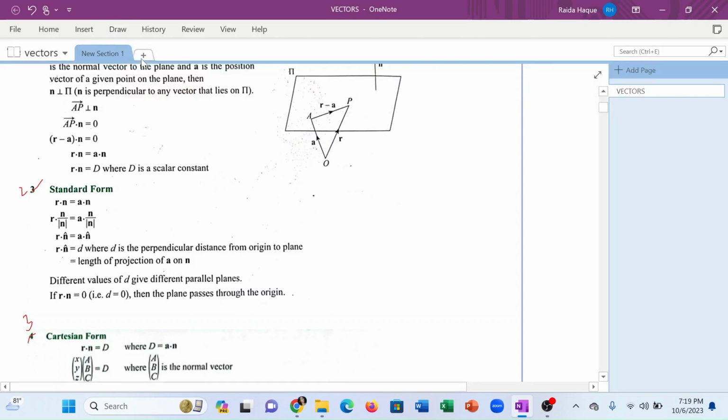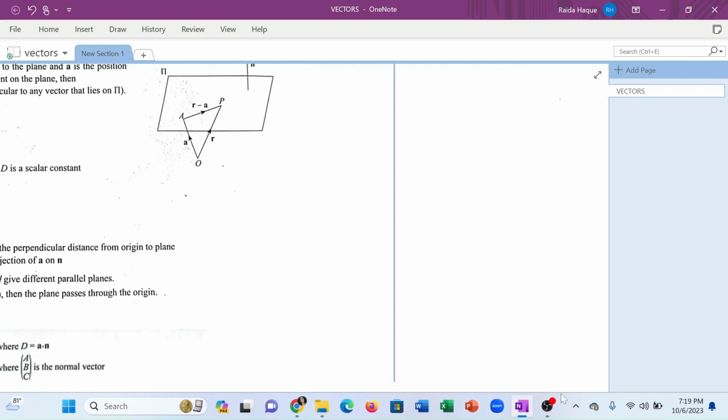So let's give another visual example of it. Let's say here is our origin, which is O, right? And here you have a plane, and now here you have another plane. Now, as you can see, these two planes are parallel, right? I apologize for the lines not being straight.